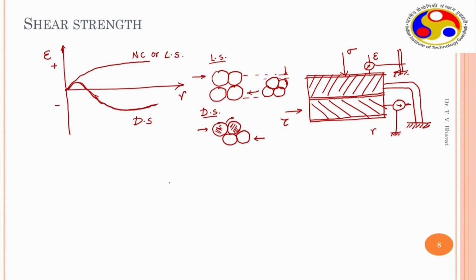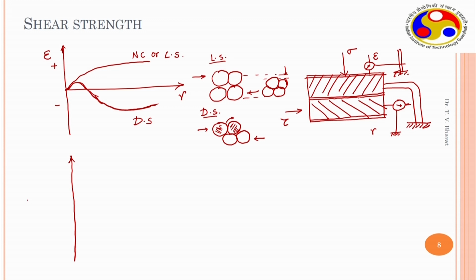Now, if a similar test is conducted in unsaturated soils in suction control tests, then the behavior is shown here.